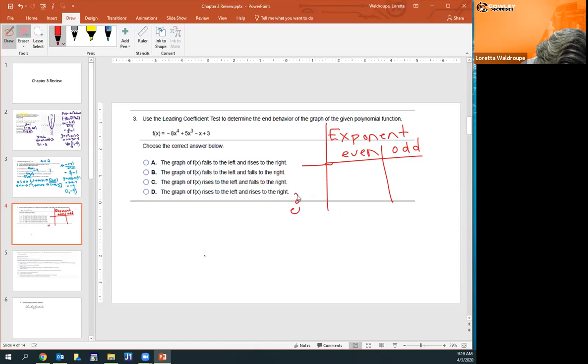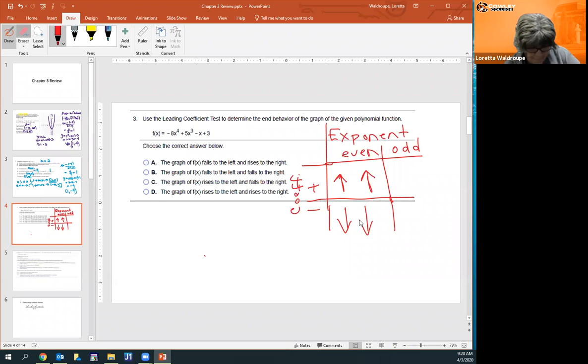And the coefficient of the leading term, is it positive or is it negative? If it's even and positive, your graph is rise to the left, rise to the right. Even and negative will fall left, fall right. Odd and positive will fall left, rise right. Odd negative will rise left, fall right.